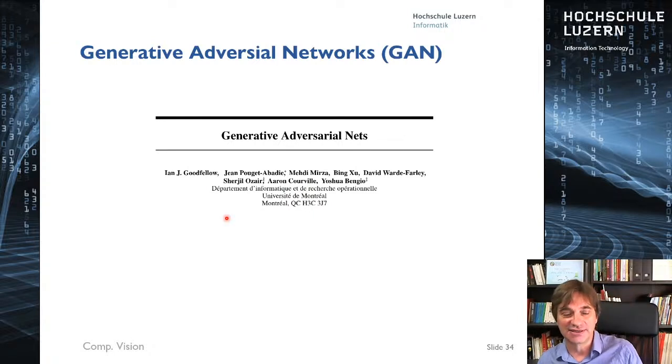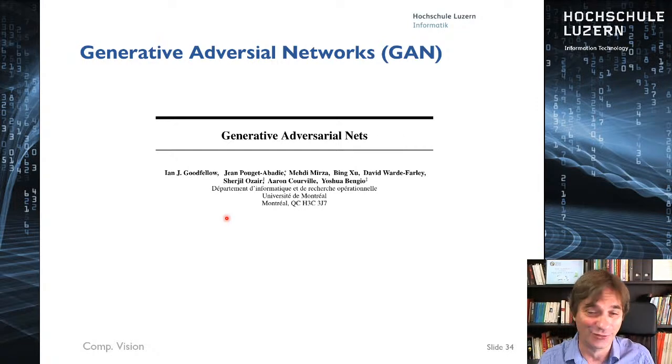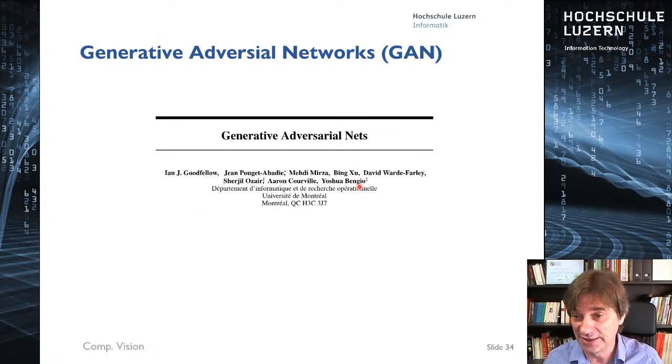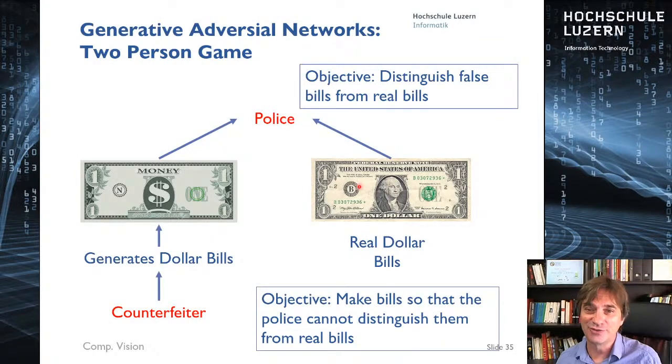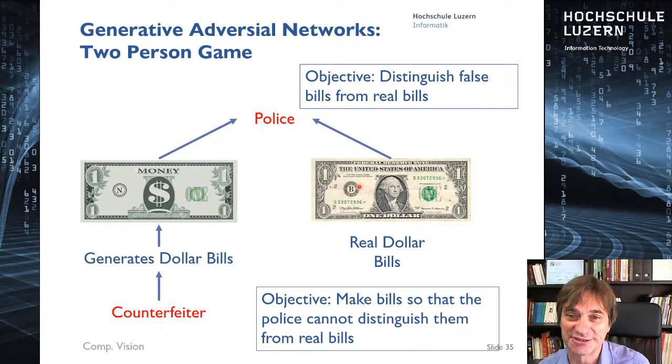Okay, the third and last idea for today for generating images are so-called generative adversarial networks, or GANs. The concept was first introduced by Goodfellow and Bengio, who also wrote the popular book on deep learning. So what is the idea here? The idea is that we play a two-person game.